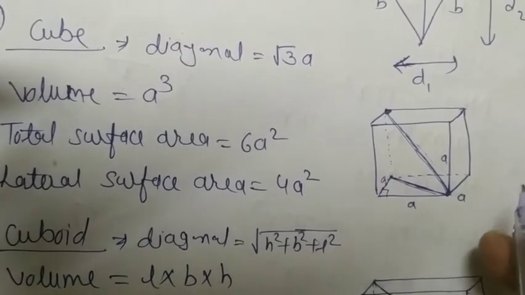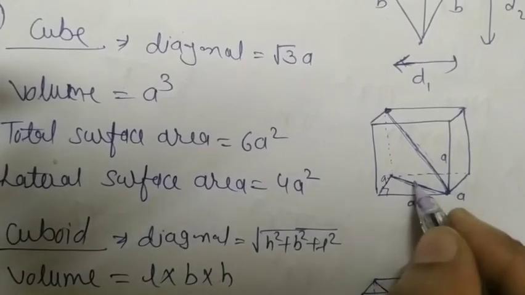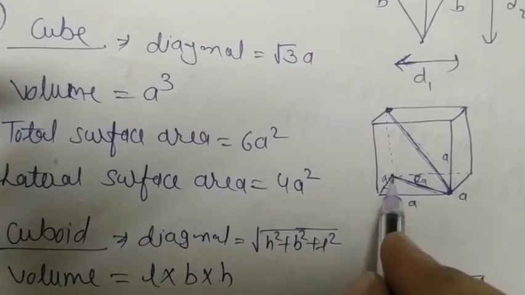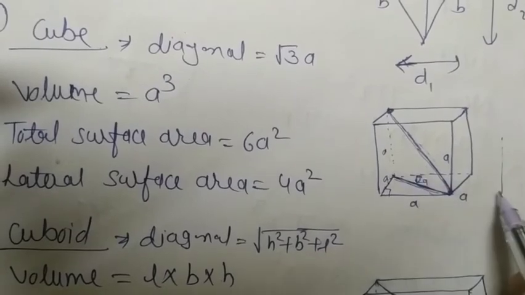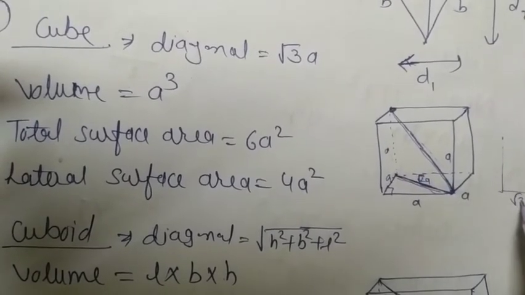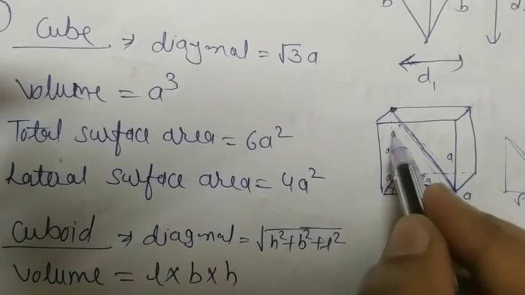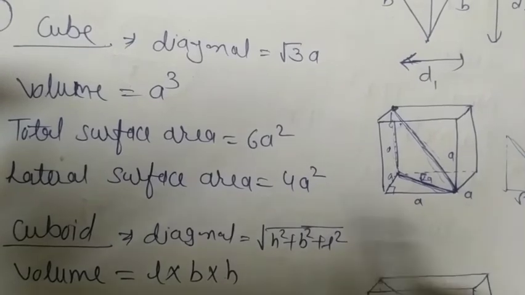Remember that in the cube, all the faces are squares. So this will be root 2 a. Using the Pythagoras theorem, again, this is A, this is root 2 a. So this is the diagonal, using this figure, root 3 a.